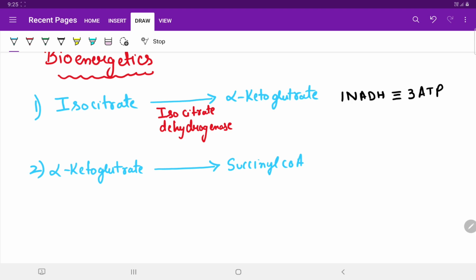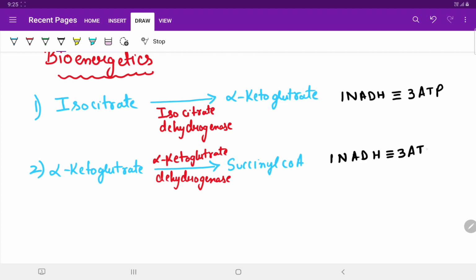So the enzyme's name is alpha ketoglutarate dehydrogenase. And in this reaction also one NADH molecule is formed that is equivalent to 3 ATP. So we shall be writing here one NADH is equivalent to 3 ATP.